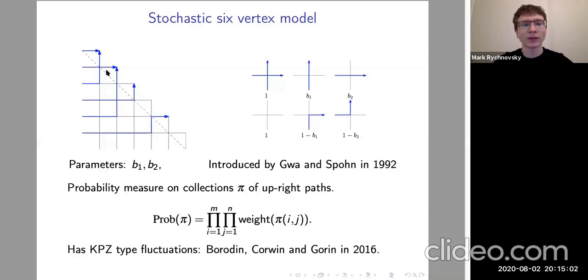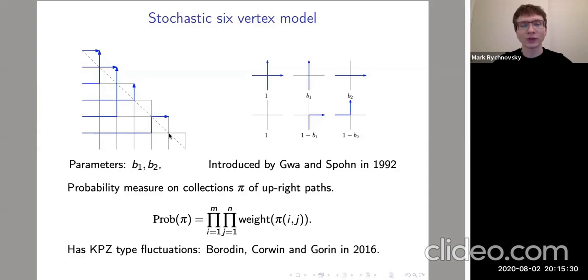If we wanted to find this on the full upper right quadrant of the integer lattice, so not on just a finite rectangle, then we can define it diagonal by diagonal. If we imagine that everything above this diagonal has been erased in the picture, and we want to sample it based on what's drawn below, we can first look at this vertex.